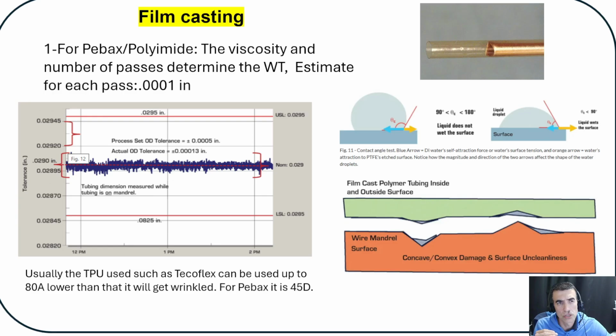The time that we do film casting versus extrusion is when we want to combine different polymers like PTFE that we cannot extrude. We need PTFE as a liner because it has a very low friction factor, and it has to be used as an inner layer for the guide wire to go in. To combine it with the other layer, film casting is a very, very good option because you can cast on PTFE.